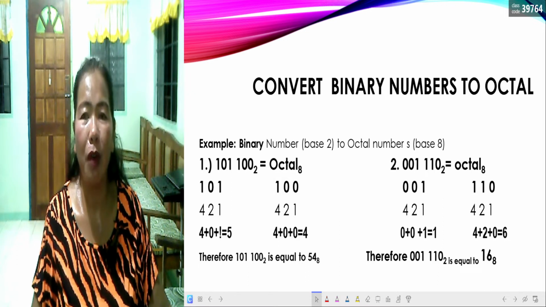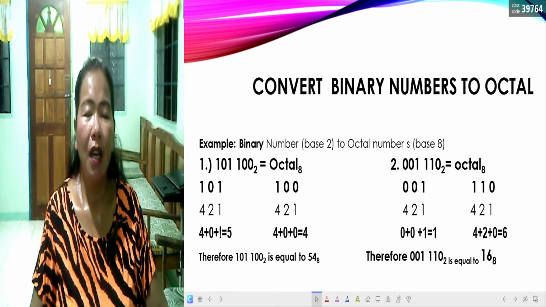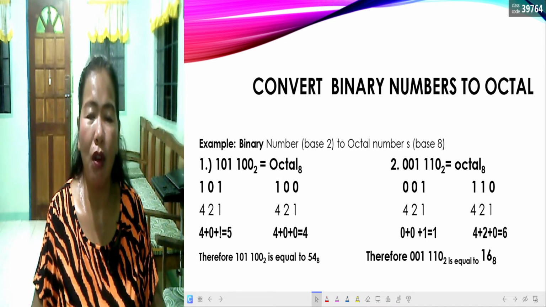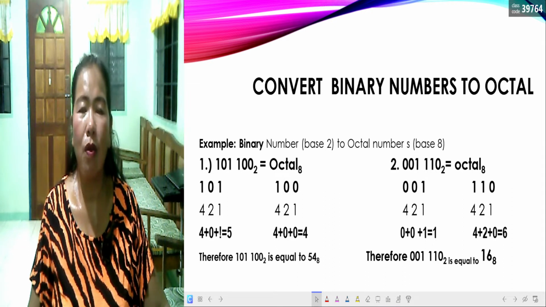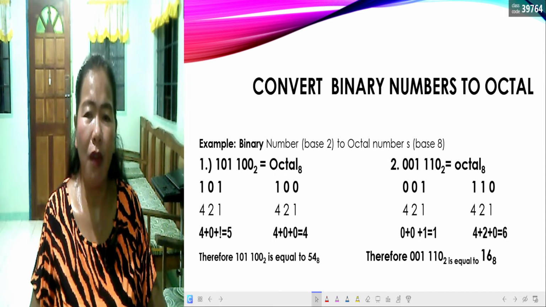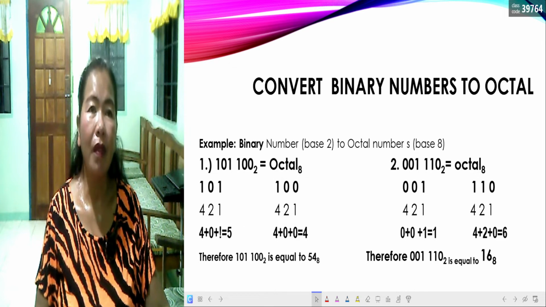That is equal to 4 plus 2 plus 0 equals 6. Therefore, the binary equivalent of 001,110 is equivalent to 16 in octal.